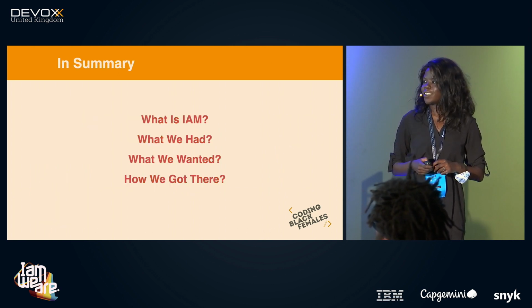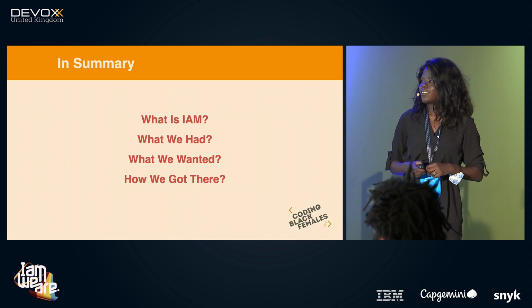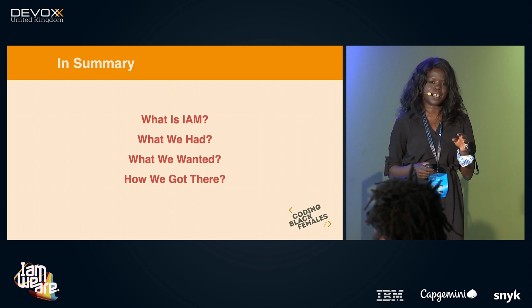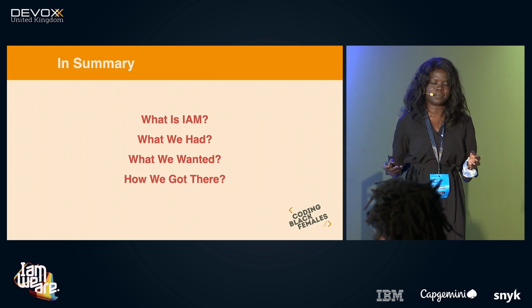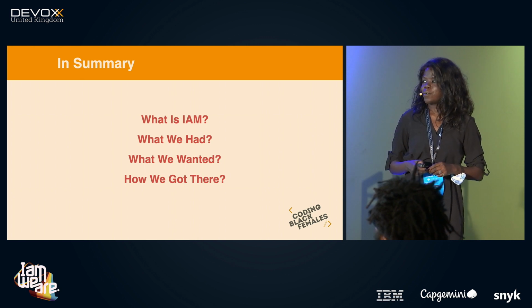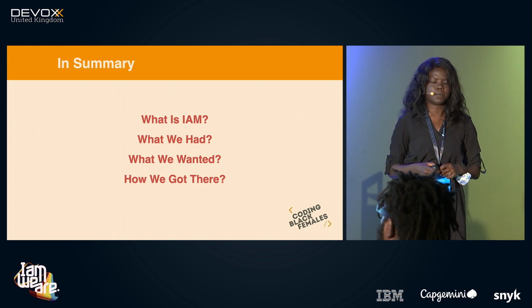So, I've talked about what IAM is and what good IAM is. Spoke about what we had and what we wanted. What we wanted was to break down the silos in our identity management, and the best way to do that was by federation. What we also wanted to do was make the system a bit more, I wouldn't say flexible, but faster and easier.